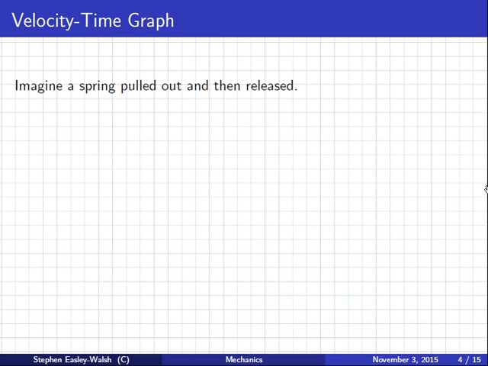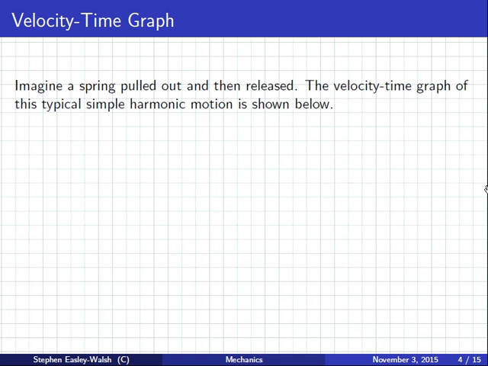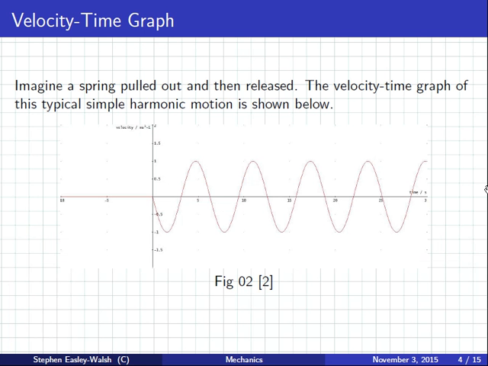So I actually already did the imagination part. But the graph here is the velocity. And this is not surprising. For example, if I have a spring and I pull it here, and then I let go, what happens? Does it move up or does it move down? It moves down.